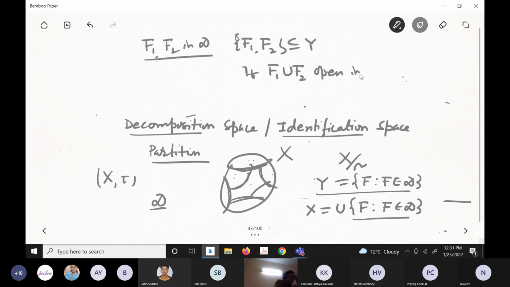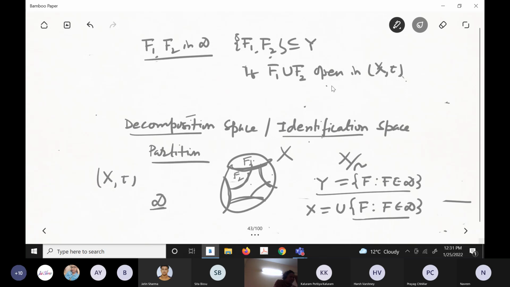If this is open in X, that means X star. Look, F1 union F2. Suppose this is F1, this is F2. This union is a subset of X. So this may be open, may not be. If this is open, then declare this is open.